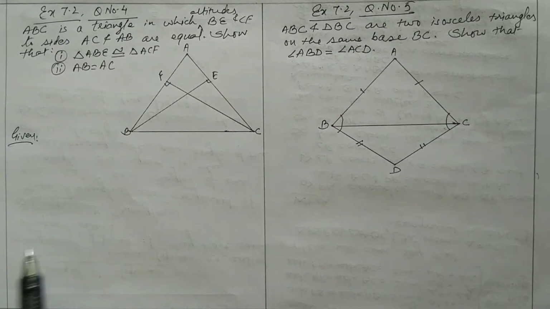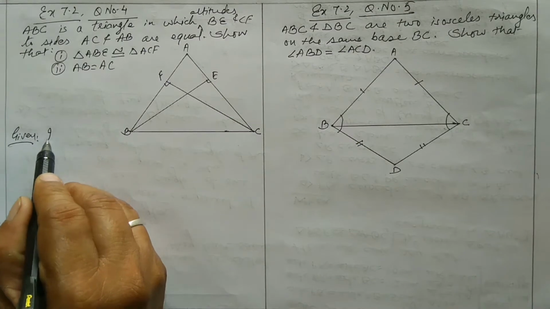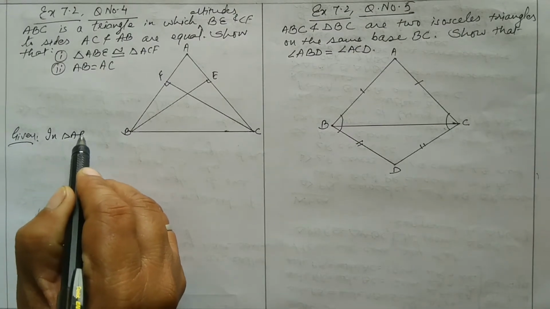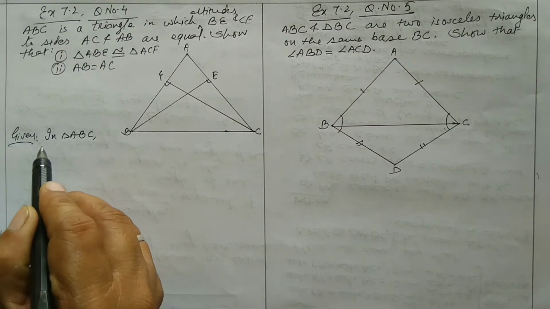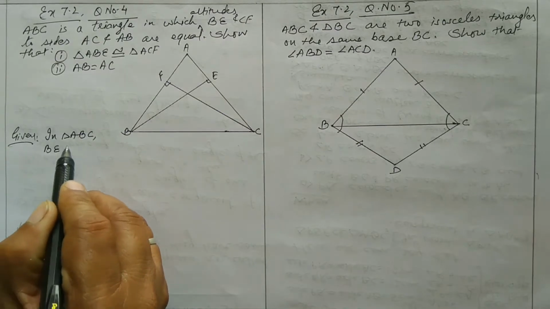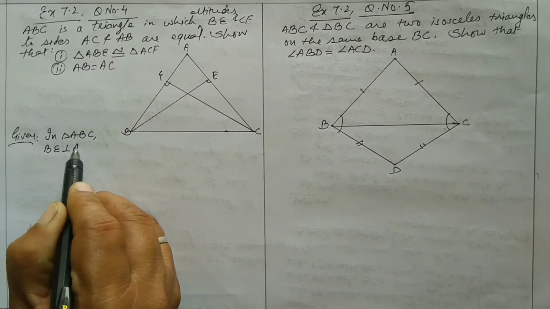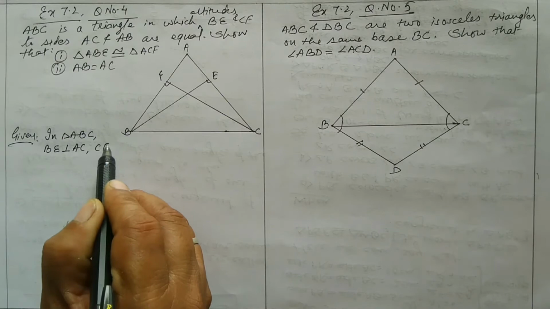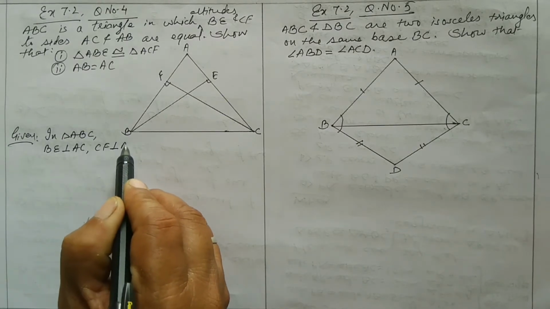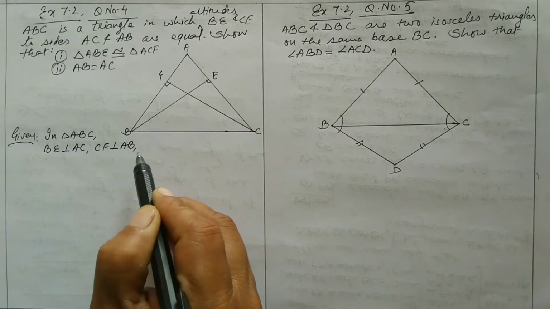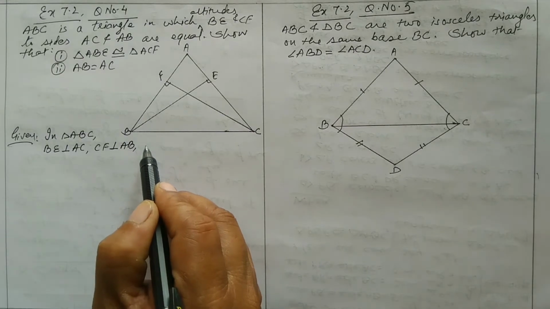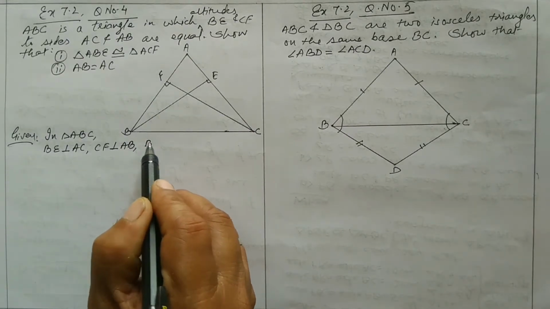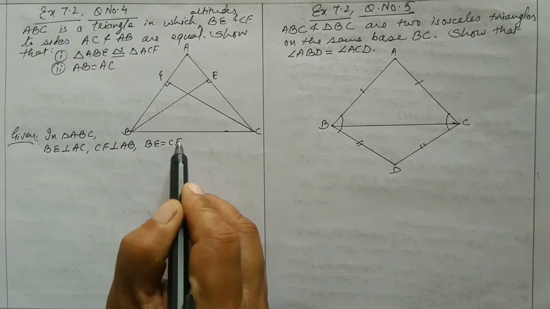In triangle ABC, BE is perpendicular to AC, CF is perpendicular to AB. Altitudes are equal, so we will write BE is equal to CF.